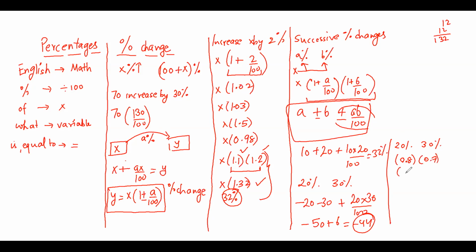Overall, it will get multiplied by 0.56. If anything gets multiplied by 0.56, what is the discount? 44%. Another way of doing it is using this expression: negative 20 and negative 30, and negative 20 into negative 30 over 100, which is also 44%.